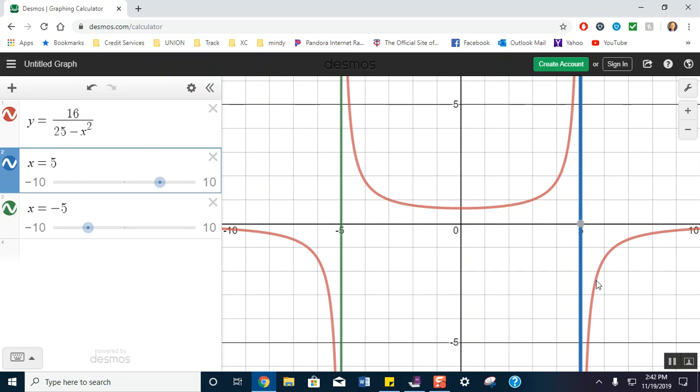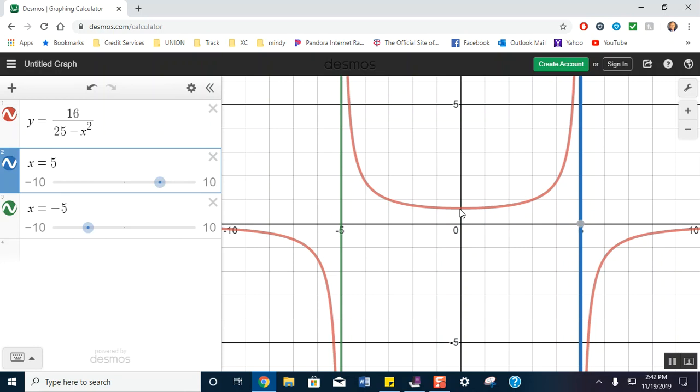These two red parts down here below the x-axis are always going to be below the x-axis, so the y value is going to be, for range, less than or equal to what? What's the y value at the x-axis, kids? 0. Okay, we're going to have a range that's y less than or equal to 0.